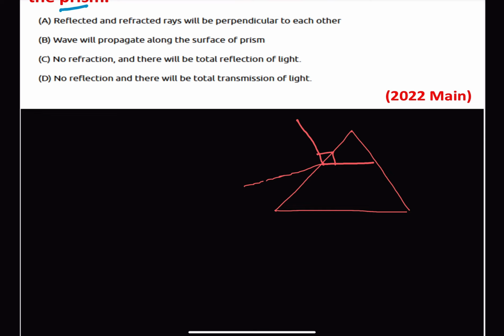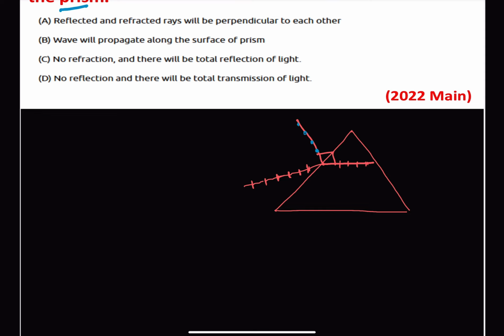So the incident light, because it is ordinary light, is unpolarized, the refracted will be partially polarized, and the reflected will be the polarized one. Something like this, we can just draw an approximate figure for that.